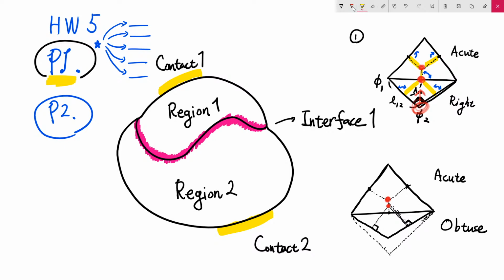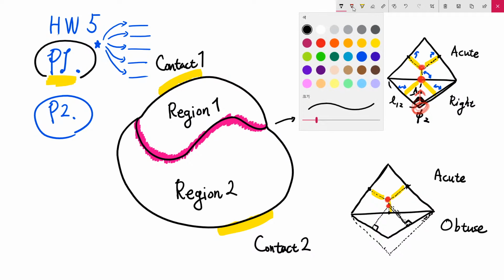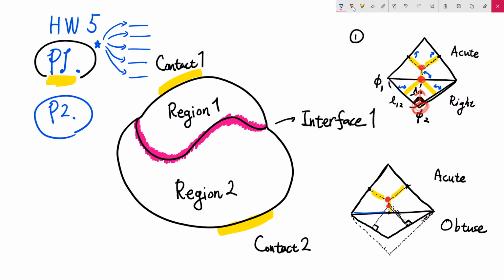So for the acute triangle, now you will draw it this way without being bordered by any consideration of the neighboring triangle. You will get it. So the problem is the length for this edge.